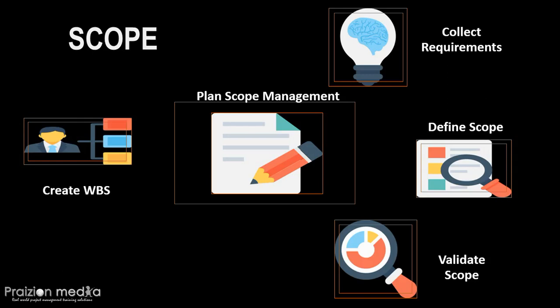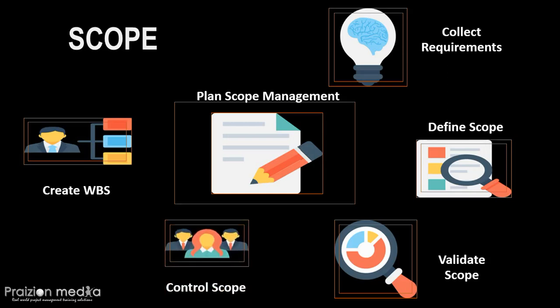If indeed plans and baselines and other documents are deliverables that need to be signed off on, then you could also see validate scope as fulfilling that need. But it is in the monitoring and controlling process group.